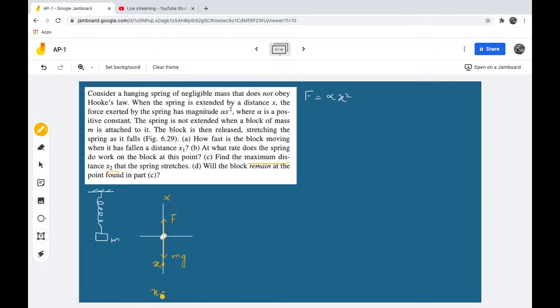So how can I use the concepts that we have learned just now to solve this problem? You can try it. I can give you a minute to start working on this problem.